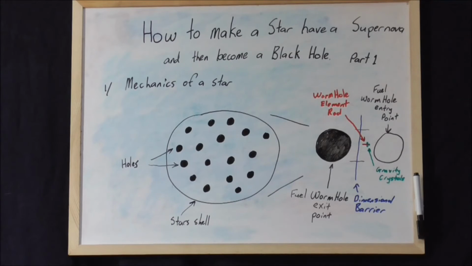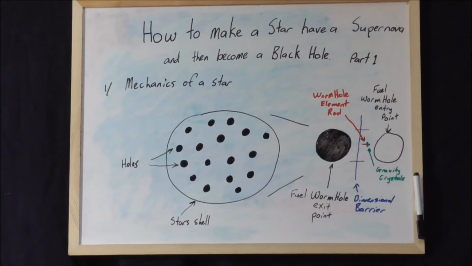So the mechanics of the star consists of a shell with holes which receives fuel from a fuel dimension via a wormhole. Fuel is drawn by gravity into the wormhole, which then exudes from the wormhole exit point, contacting the catalyst on the star's shell and combusting in the upper atmosphere of the star.